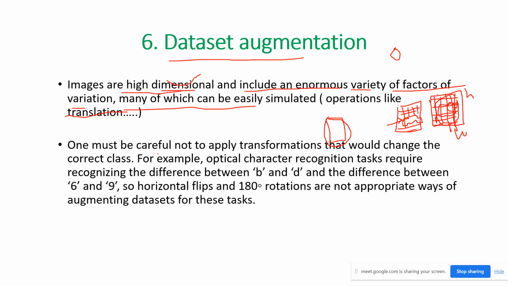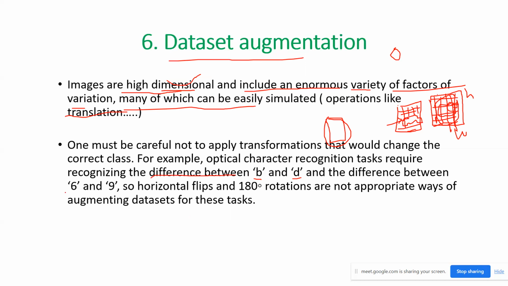One of the most important things here is that this augmentation is not applicable for text classification. For example, when we apply augmentation like rotation to the letter B, at some degree this letter B will become D, so our prediction will differ.